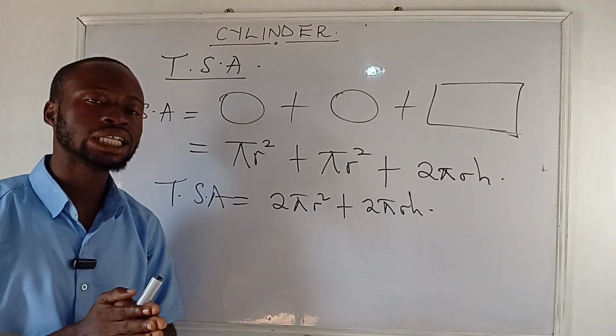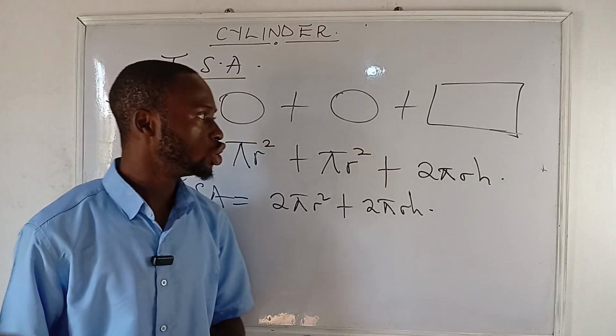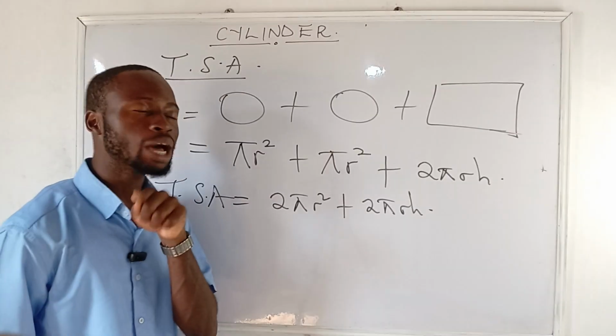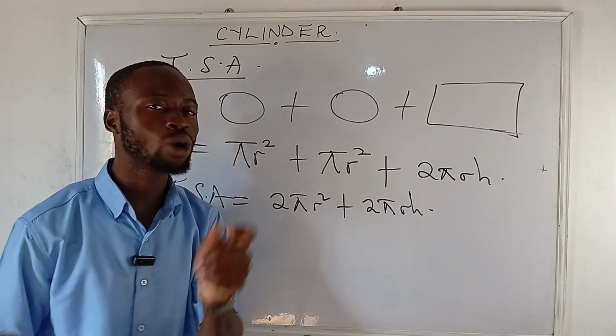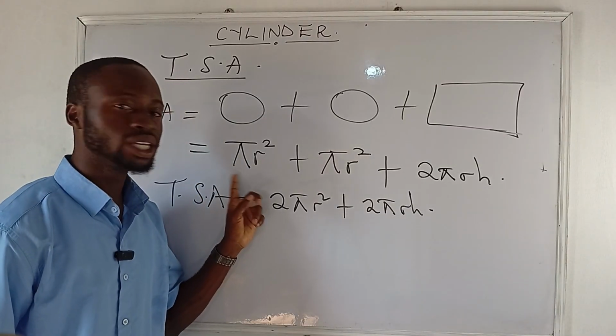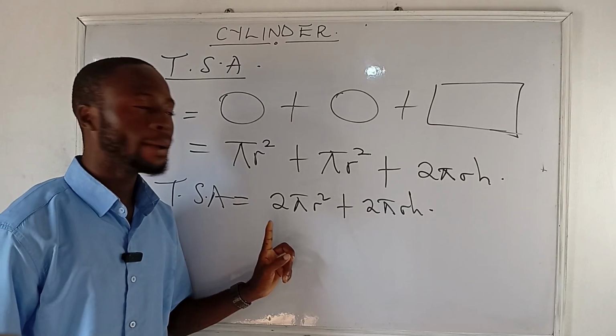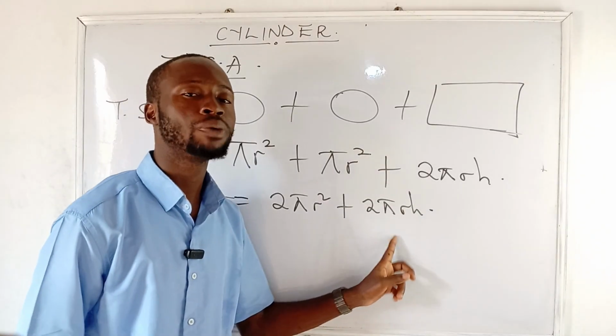Now you can be told to find the total surface area of a cylinder that is open at one end. To be open at one end basically means that you only have one circle, so one of the circles will no longer be there. What I'm going to be having here is going to be what? Pi r square plus 2 pi r h.